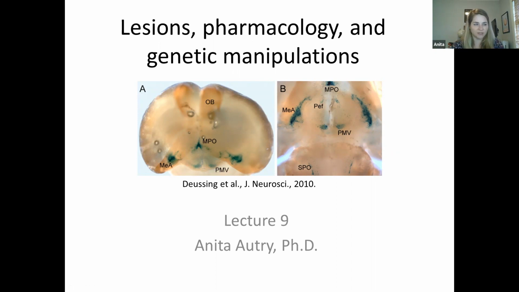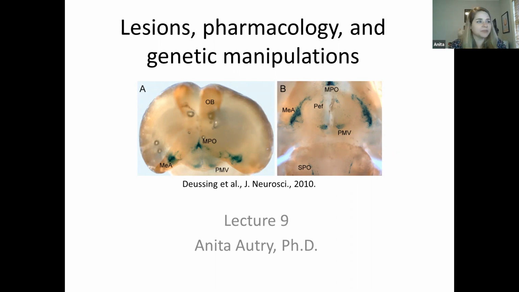I think that's what most people are trying to use, especially the tools of using channelrhodopsin and GCaMP. But a lot of these techniques, as we talked about with tracing and anatomy, you may be using in conjunction, lesions and pharmacology, in conjunction with your GCaMP or channelrhodopsin manipulations.